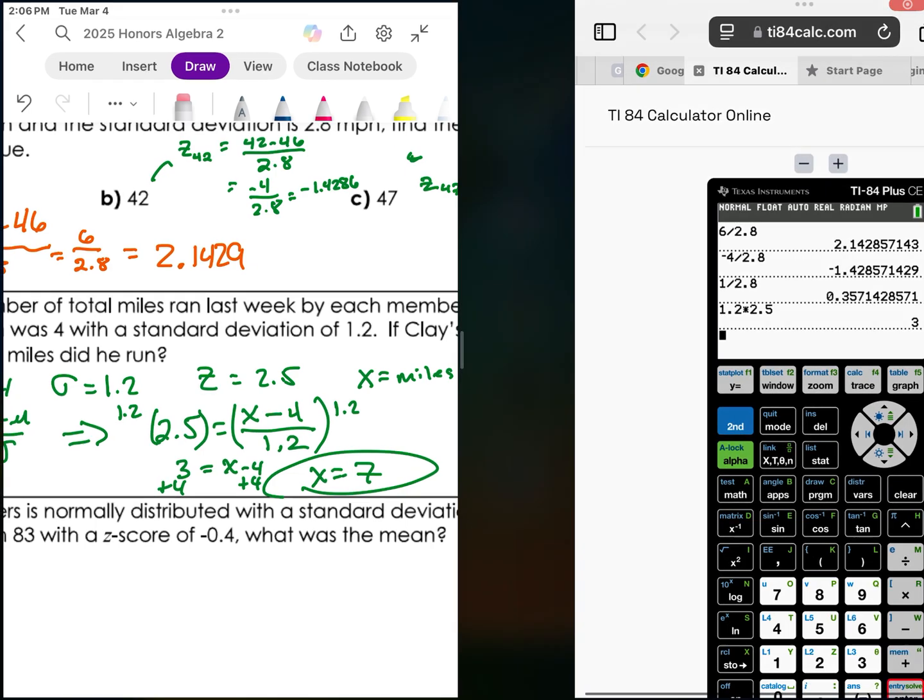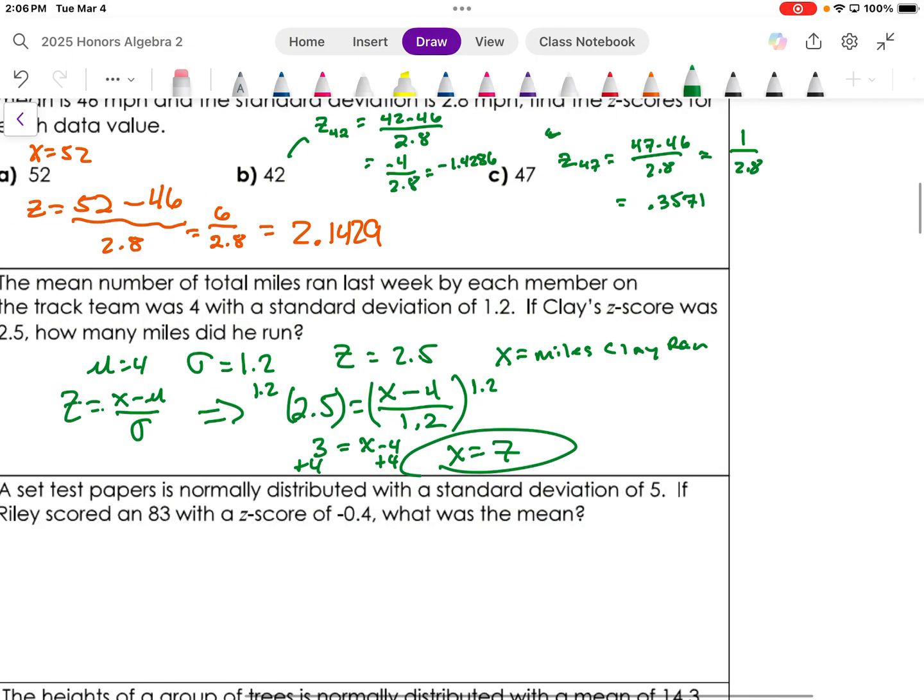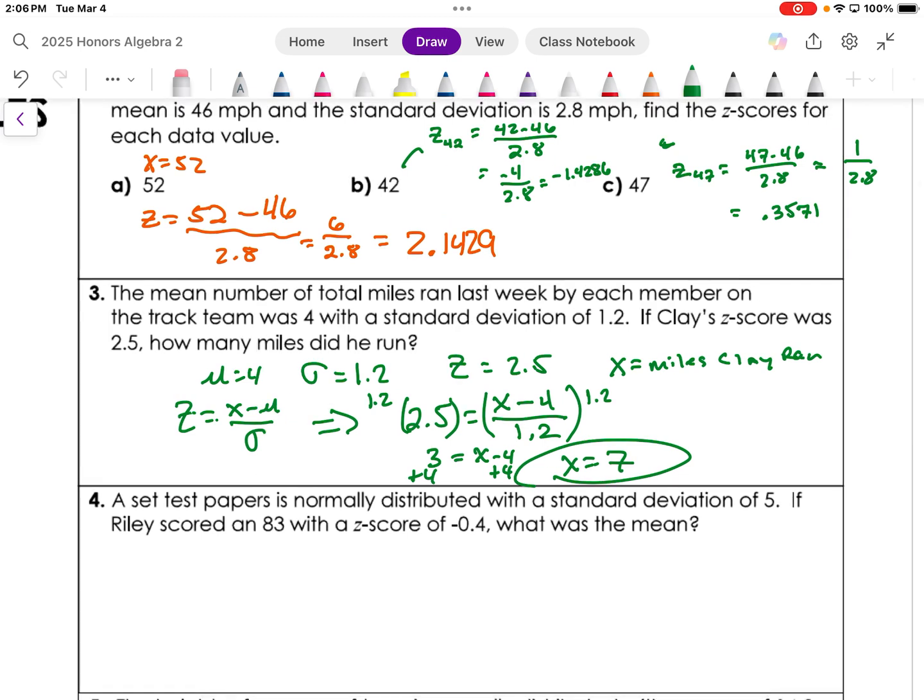Again, as we look at these extension problems, we have to be able to solve for any one of those 4 variables. A set of test papers is normally distributed with a standard deviation of 5. If Riley scored x equal to 83, and the z-score is negative 0.4, is the 83 above the mean or below the mean?